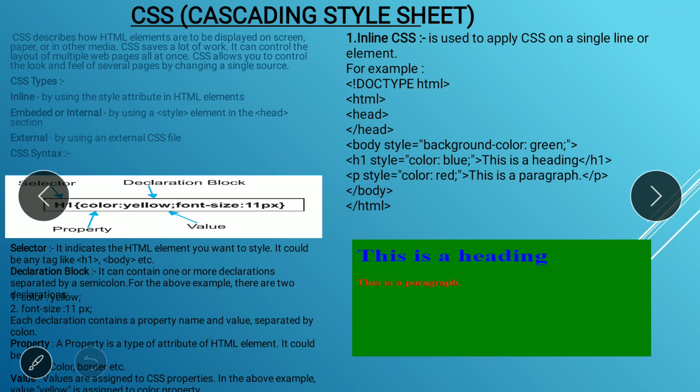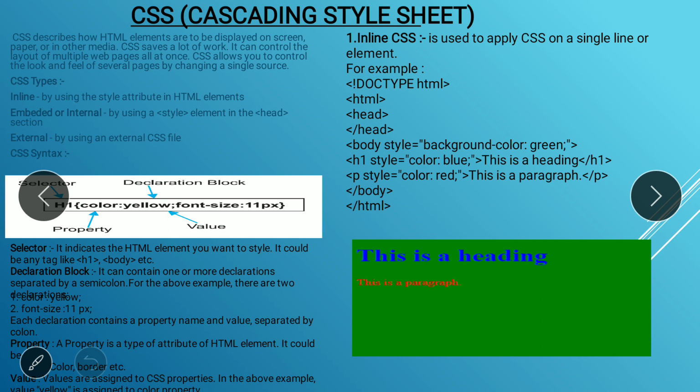CSS types, there are three main types: internal, inline and external. Inline is nothing but the style which is used in a single line, where you use the elements or tags. That time we use inline CSS. Second is the internal, also called embedded.